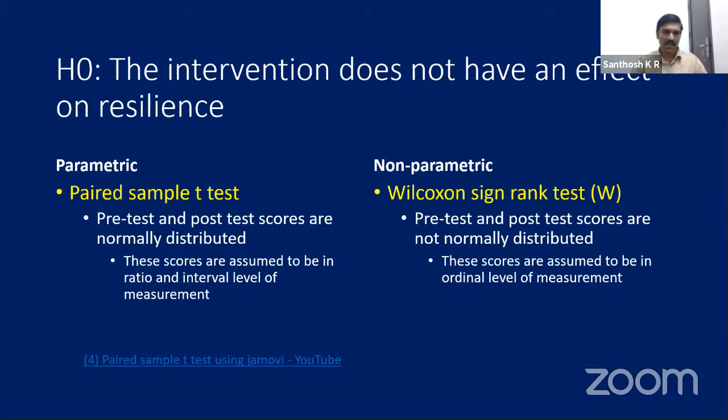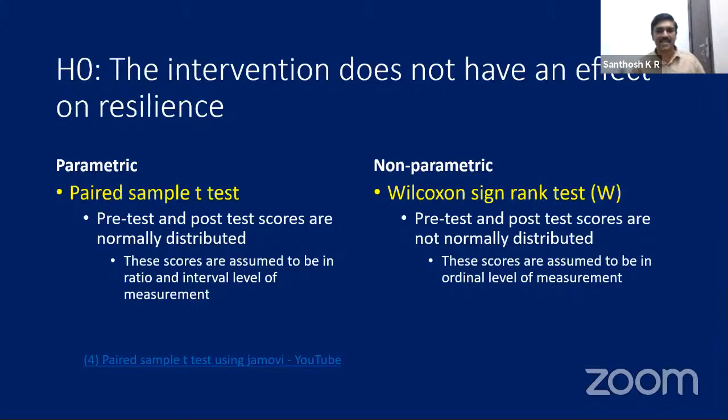If both are normally distributed, then we will use paired sample t-test. If it is not normally distributed, then we will go for Wilcoxon signed rank test.